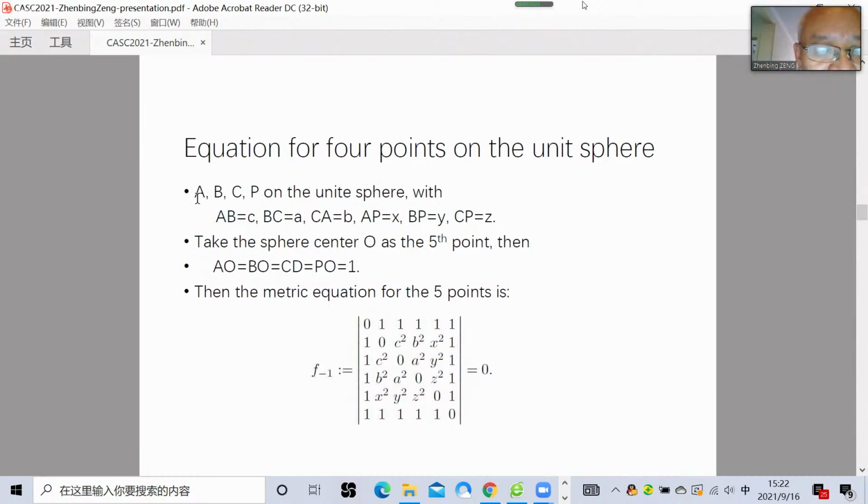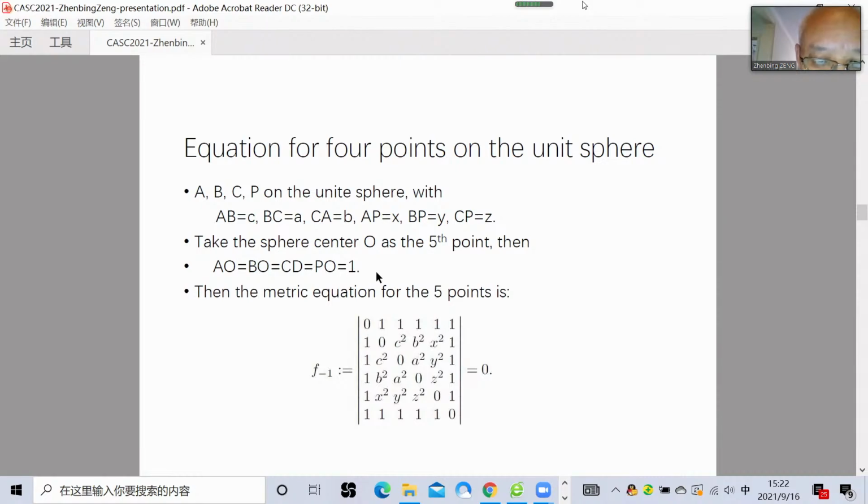If we take A, B, C, P on the unit sphere, then we have AB equals C, BC equals A, CA equals B, and these X, Y, Z. These are the 4 points A, B, C, P. Then we take another point O as the sphere center, the 5th point.